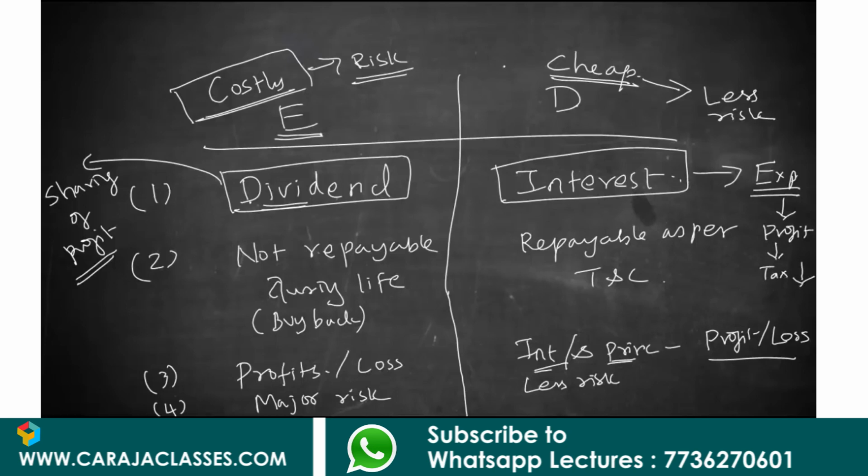Whereas if you pay dividend, it is not considered as expense. So it will not reduce your profit, it will not reduce your tax, because you are going to pay dividend in the profits after tax. I hope these differences are sufficient to distinguish the equity and debt.